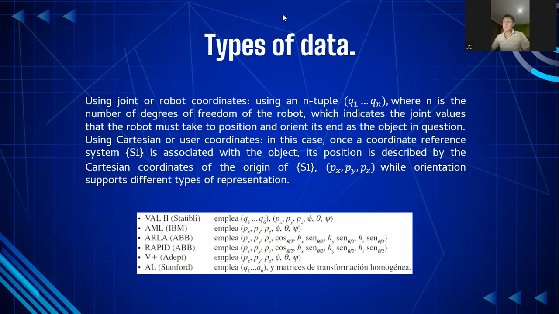Using Cartesian coordinates, in this case, a coordinate reference system is associated with the object. Its position is described by the Cartesian coordinates of the origin, while the orientation supports different types of representation.